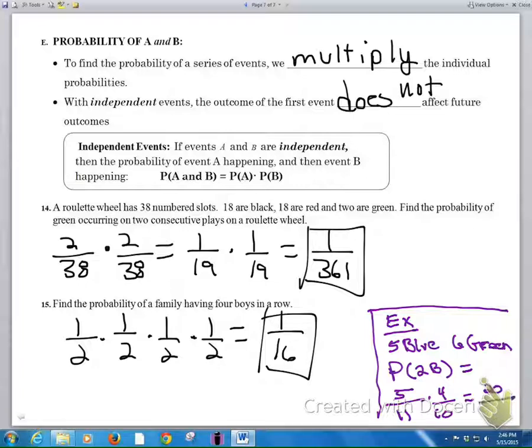That would be 20 over 110, and then you would have to reduce that. So let's multiply. I just added this now, so let's just reduce that.